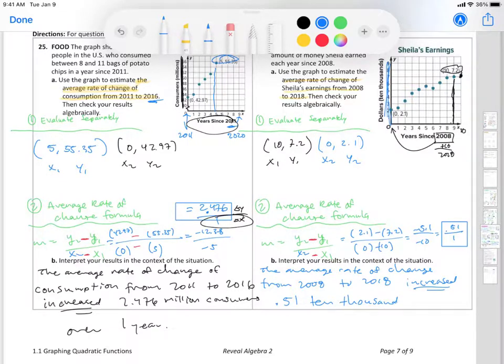If you actually multiply that out, it'll equal $5,100 over 1 year.